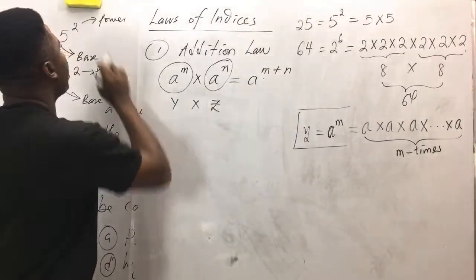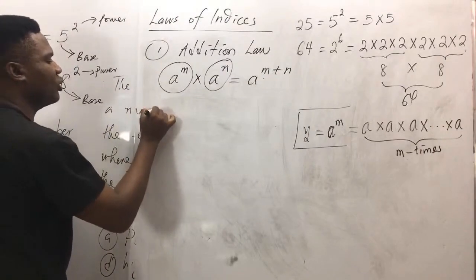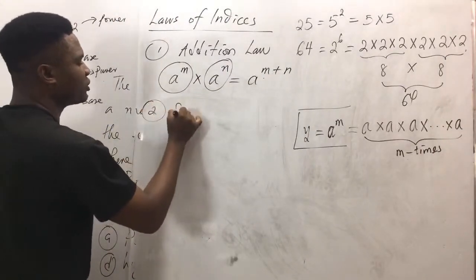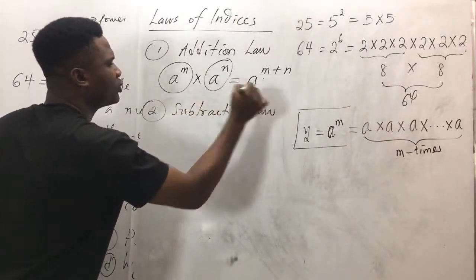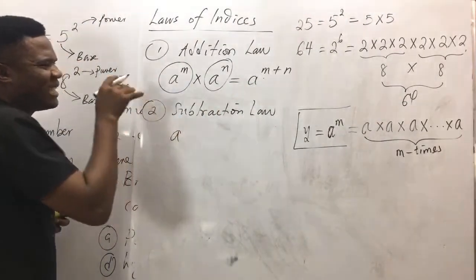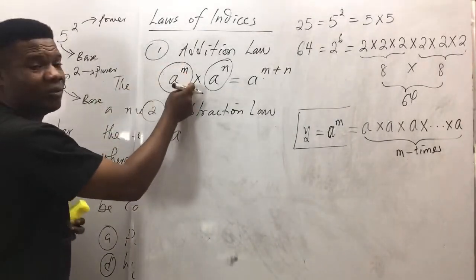Now the next law we are going to be looking at is the subtraction law. Law number 2 is the subtraction law. This law is similar to the first law, only that in this case we are not multiplying.